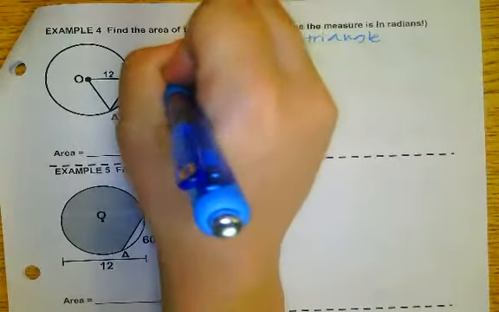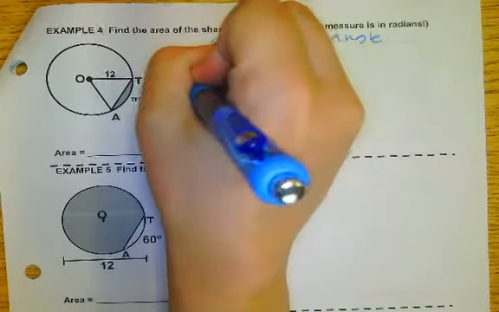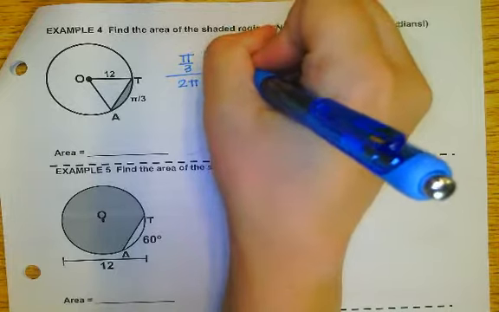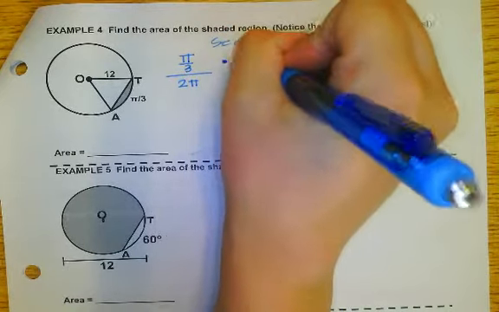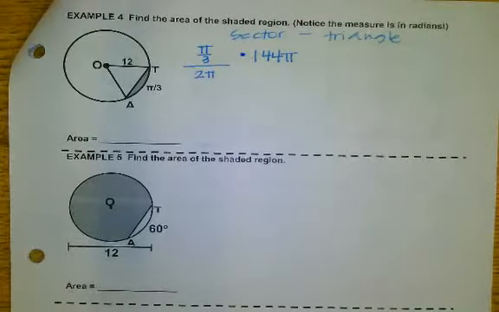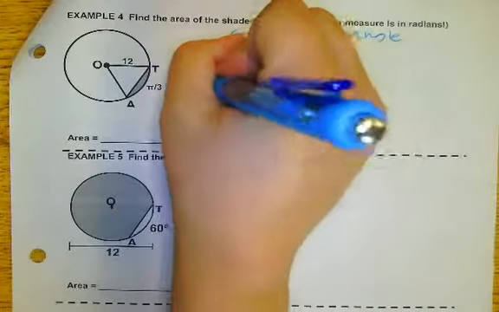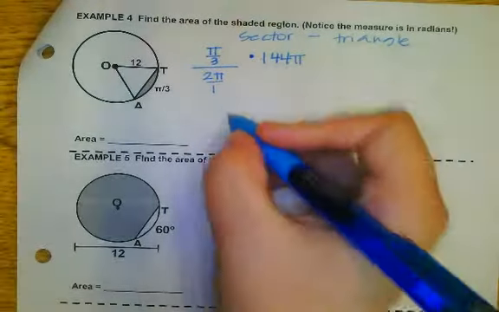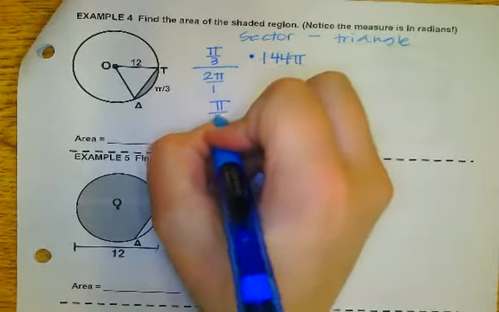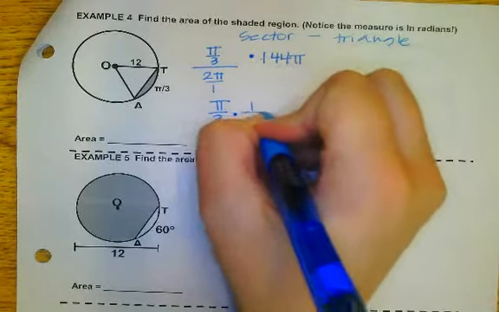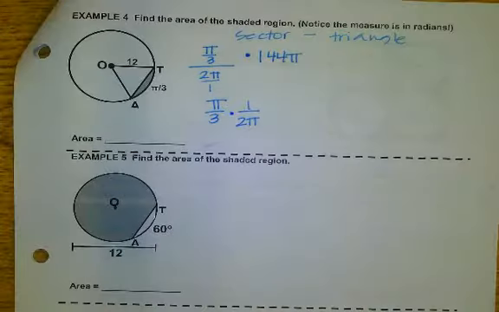How do you get rid of this 2 pi denominator? You multiply by the reciprocal. Remember, that's like saying 2 pi over 1. So that becomes pi over 3 times 1 over 2 pi. For the second step for radians, we could just do theta times radius, because the 2 pi's cancel.